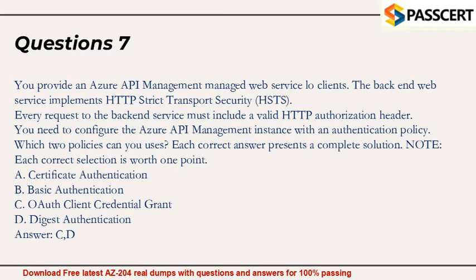Which two policies can you use? Each correct answer presents a complete solution. Note: each correct selection is worth 1 point. A. Certificate authentication. B. Basic authentication. C. OAuth client credential grant. D. Digest authentication. Answer: C, D.